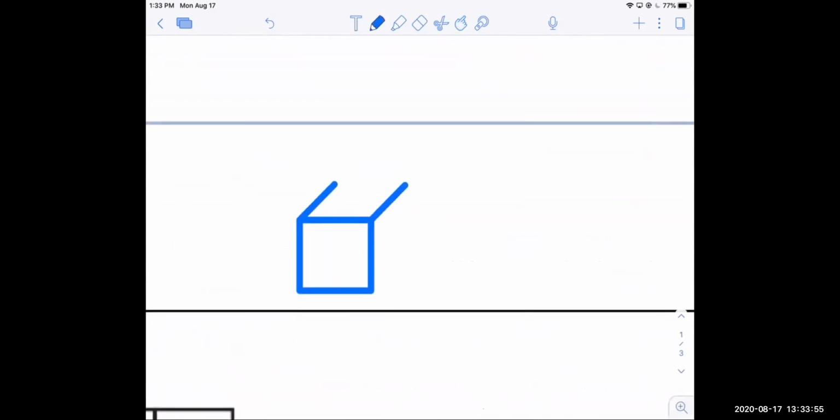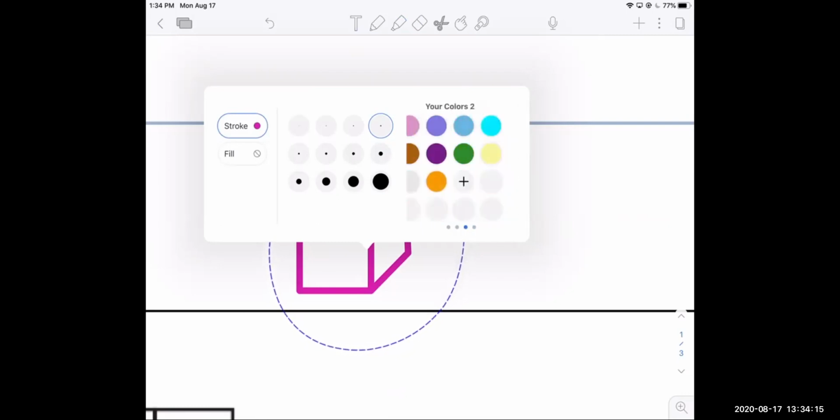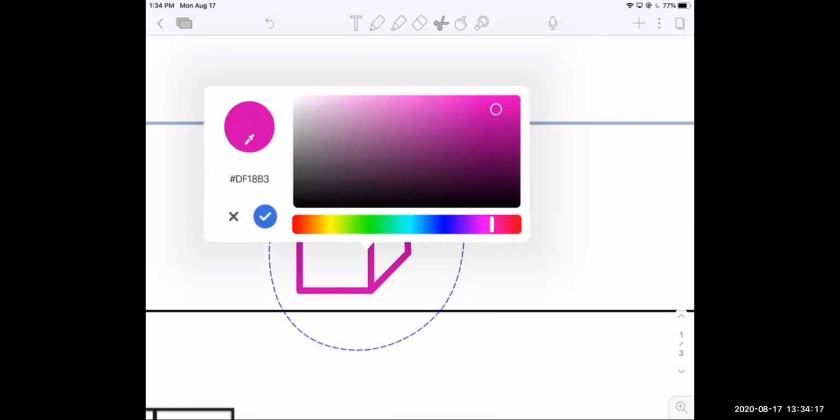I feel like it's time for a color change, so I'm going to change that to something else. Oh, how about, oh, I like this color. No, not that color. I like this color. If you don't have the colors that I have, that's because I'm special. No. If you go all the way to the right, you can add on whatever color you want. There's like an infinite number of colors here.